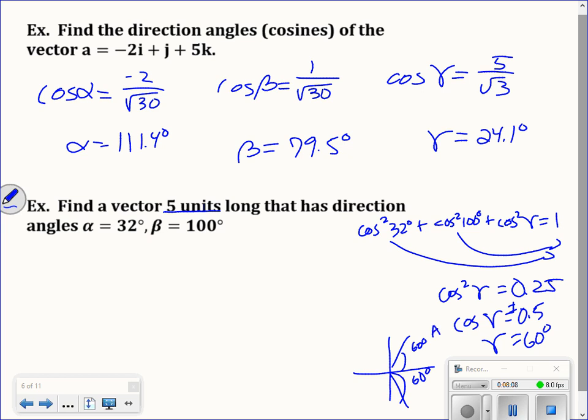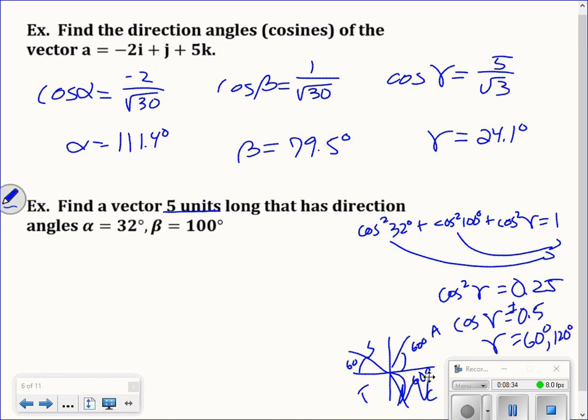And remember your A, S, T, C: cosine is positive over here, negative over there. So that's 60 degrees up top, and basically that's 120. So 60 or 120 degrees.